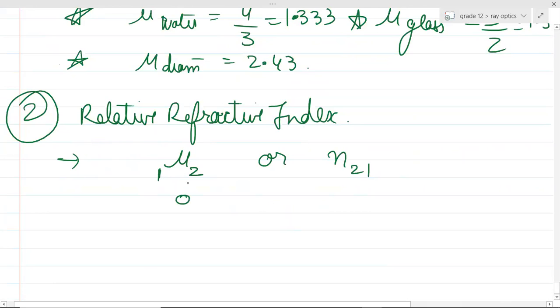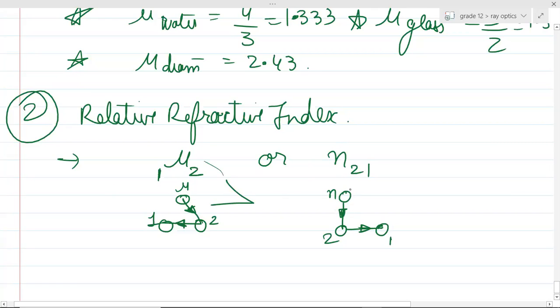Whenever we have the mu 2 1 notation, we read it like this. And when this notation is there, we read it like this: n 2 1. Are you getting my point, guys?